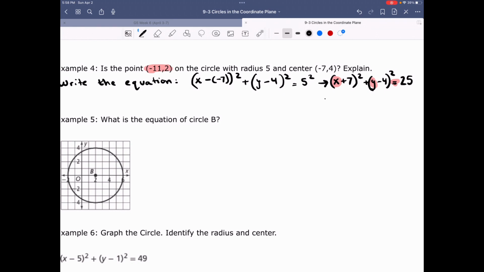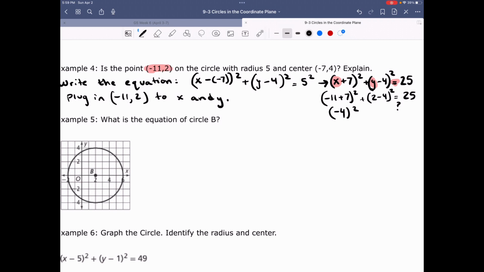All right, so we're going to plug in negative 11, add 7, square it, plus plugging in 2 for y, squared. Does that equal 25? So our second step is to plug in negative 11 comma 2 to x and y. So negative 11 plus 7 is negative 4. 2 minus 4 is negative 2.